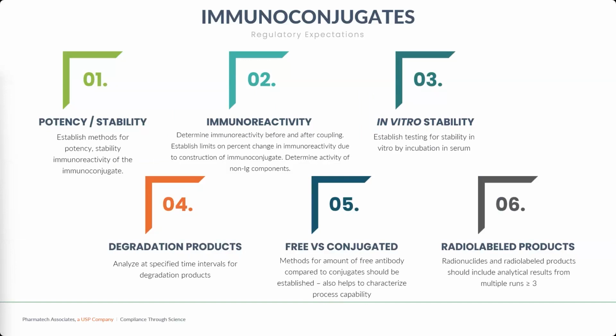And more importantly, then it's also the conjugate itself, right? Is the conjugate stable in the system? Does it survive its transit from its point of infusion to its target? And then again, does it release properly with the right kinetics so that it can actually do its job as well? And so for all intents and purposes, you really have to deal with two chapters whenever you deal with immunoconjugates, right?